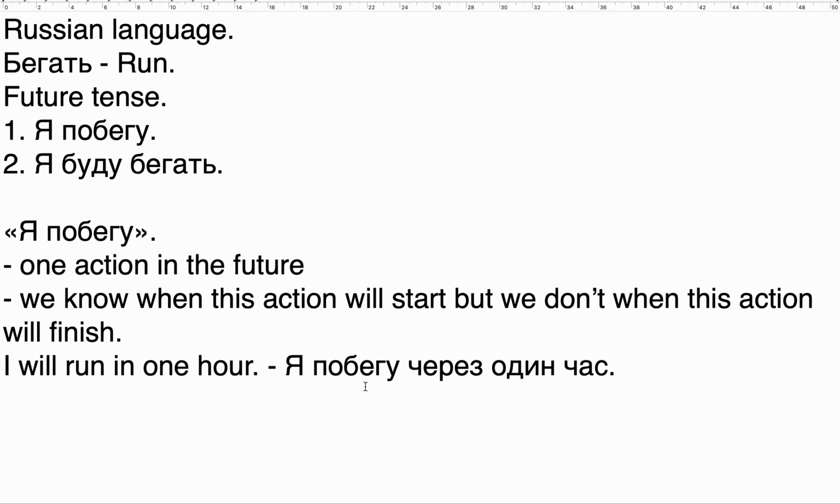What I mean? We know that this is one action in the future, я побегу. We know when this action will start: in 1 hour, через 1 час. But we don't know how long this action will happen and when it will finish.